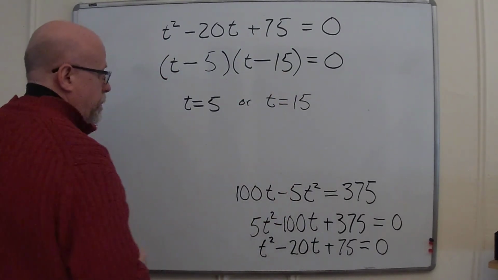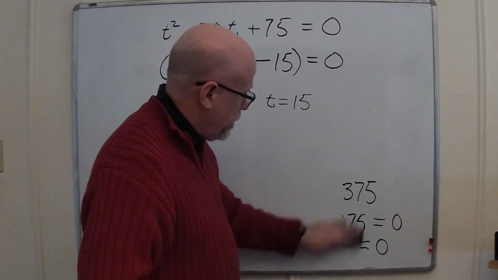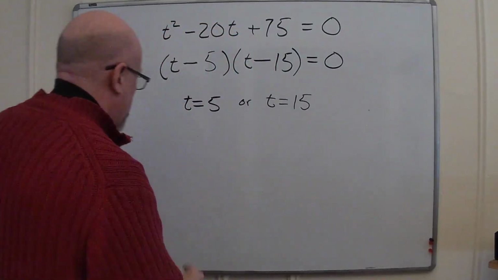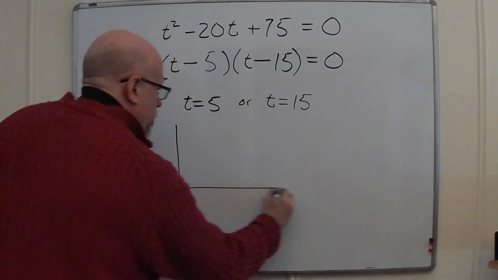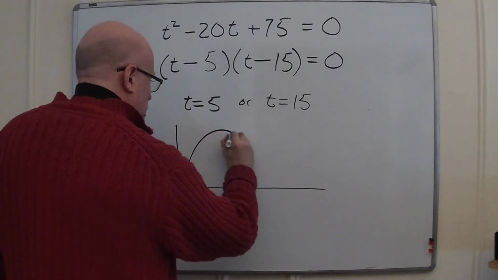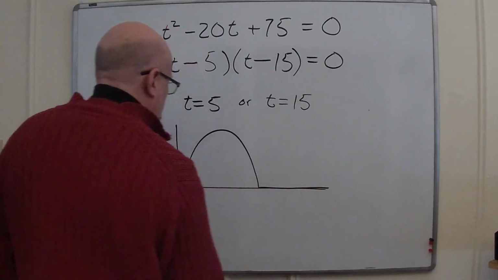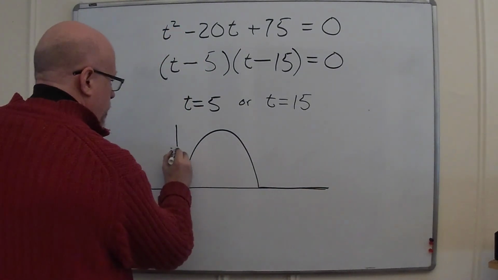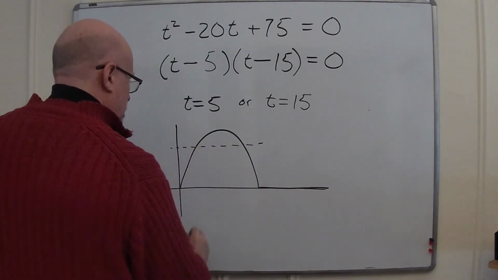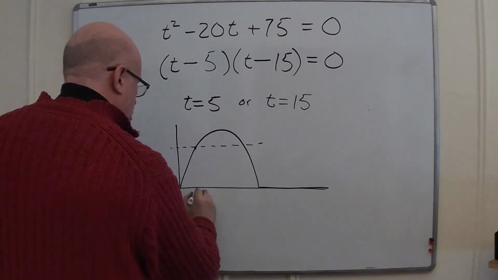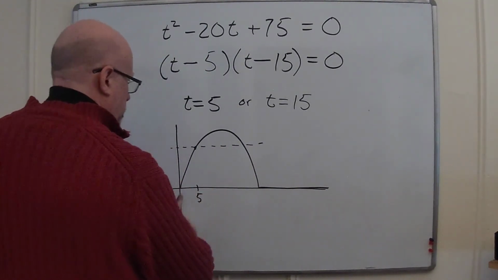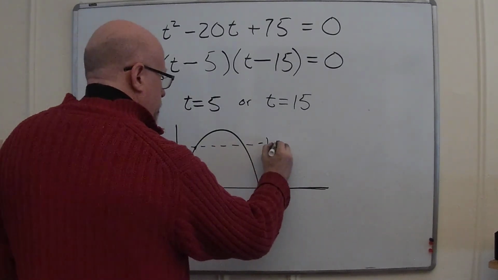And that actually makes good sense if you think about it on the graph we had here before. Remember the graph that looked like this and then stayed at 0? 375 is about at that height. And what we just realized is there's a place at 5 seconds where we cross over h equals 375.